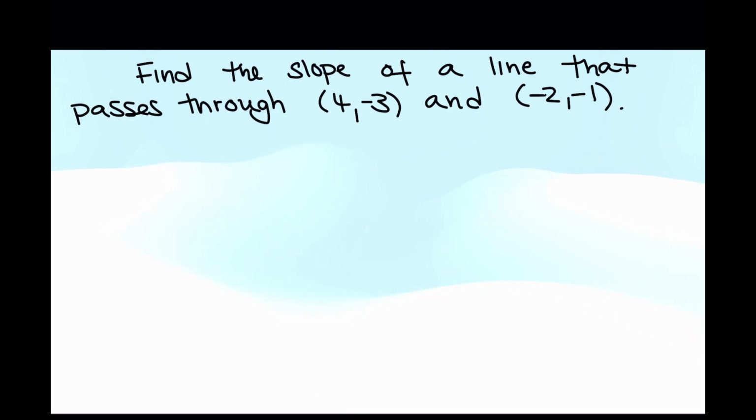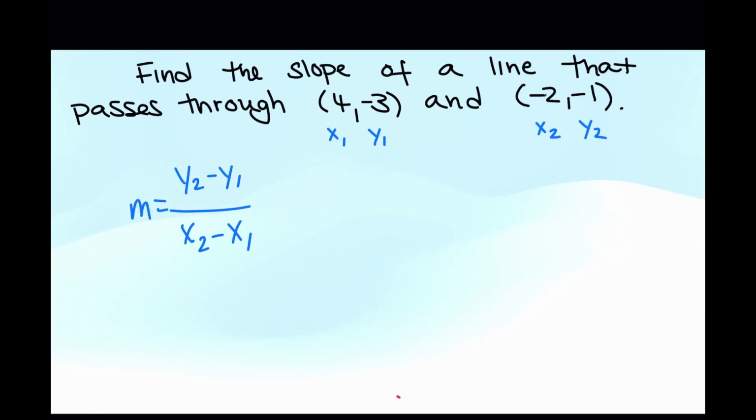Let's run through a couple more examples. Find the slope of a line that passes through the points (4, -3) and (-2, -1). We don't have a picture this time, but we can just directly apply our slope formula. I'm going to make the first point x1, y1, and the second point x2, y2.